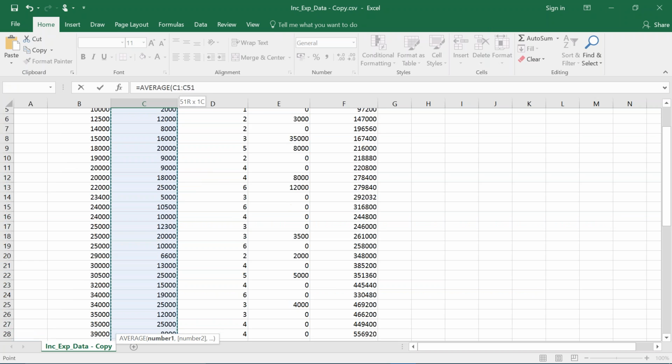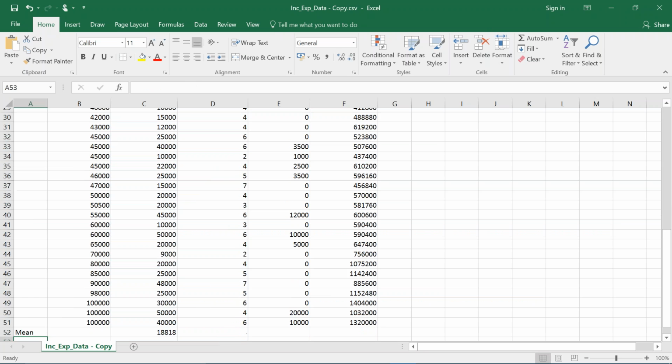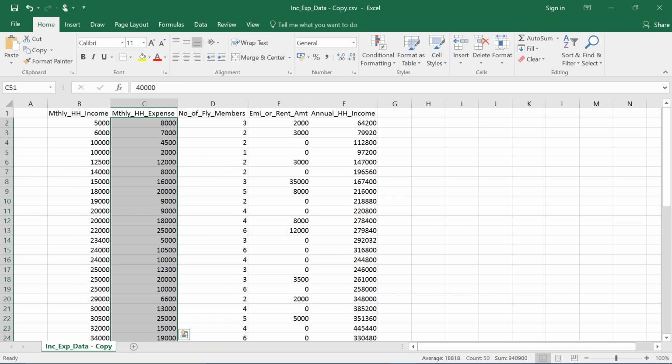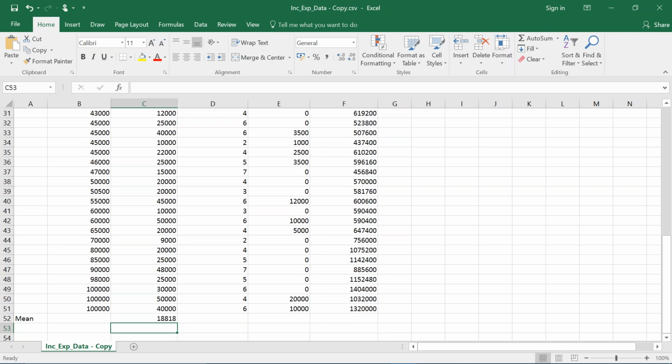And then, what this shows is the average of all these 50 data points that I have, and that average is coming out to be 18,818, which means the average expense of a household is 18,818.